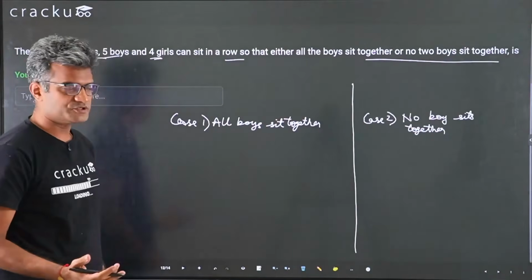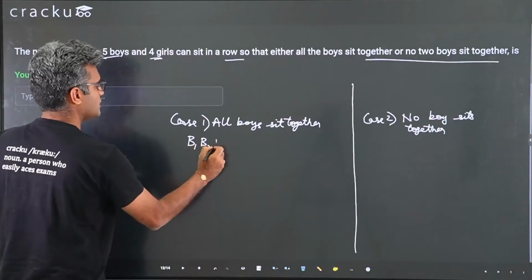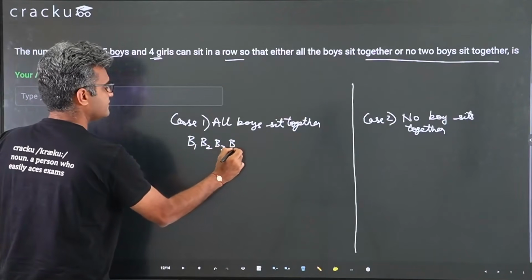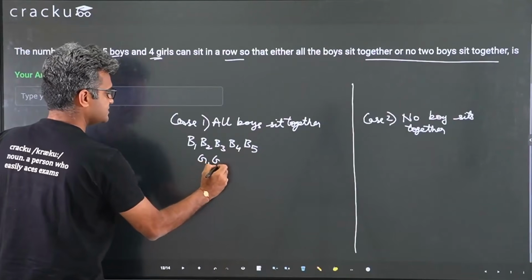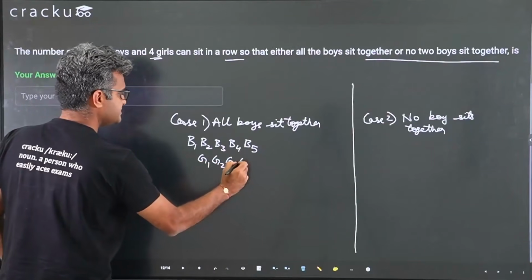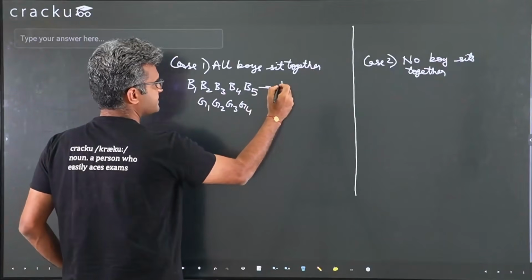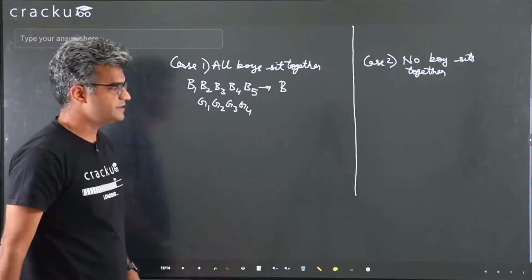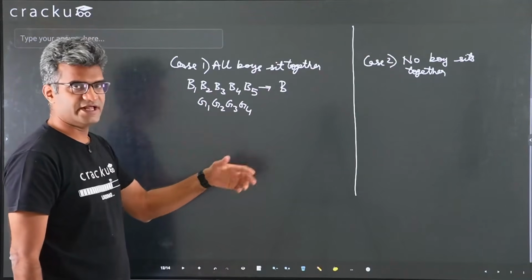If you want all the boys to sit together, let the boys be B1, B2, B3, B4 and B5, and let the girls be G1, G2, G3 and G4. We want all the boys to sit together, so let us make them one entity. Let us call them B, and we have 4 girls. There is no restriction on the girls, they can arrange themselves.